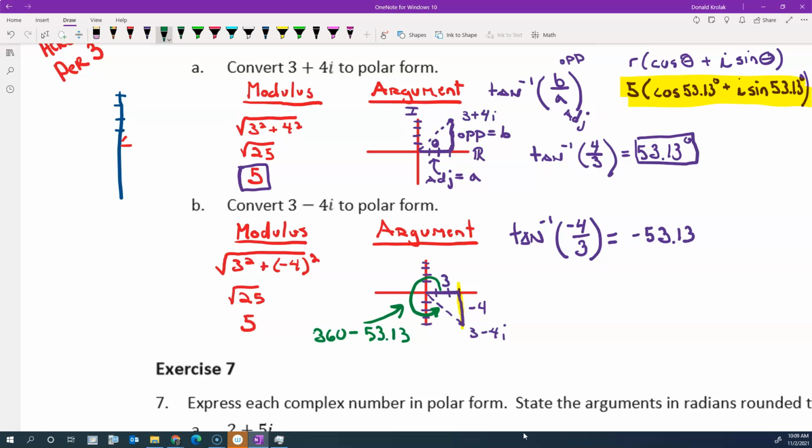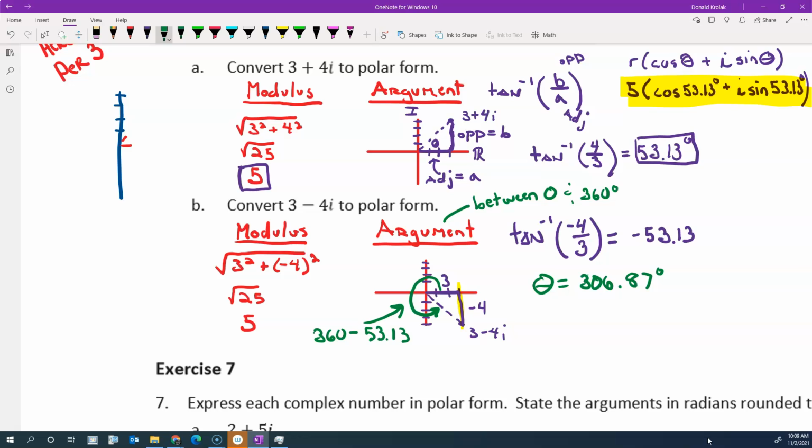And the angle that we're going to use for our argument is 306.87. So this argument has to be between 0 and positive 360 degrees. That's why we had to change it.